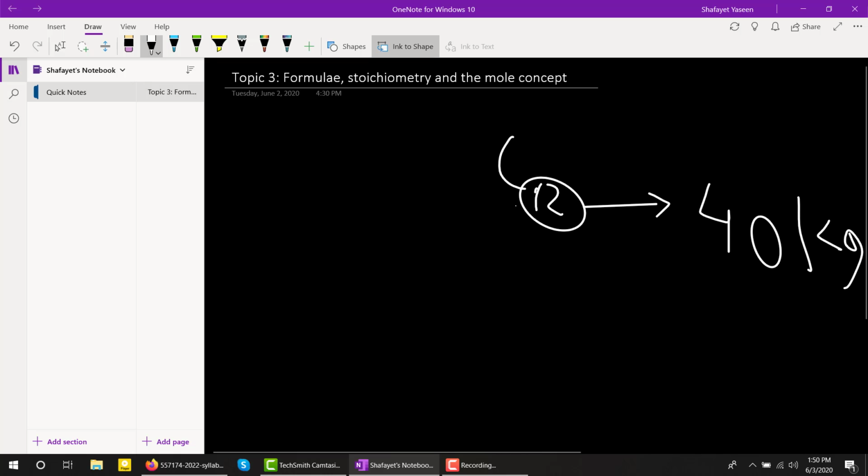All right, so what scientists did is they divided this 12 into 12 parts. They considered that this mass can be divided up into 12 equal parts, and each part will have an equal mass, right? So a uniform distribution of mass.